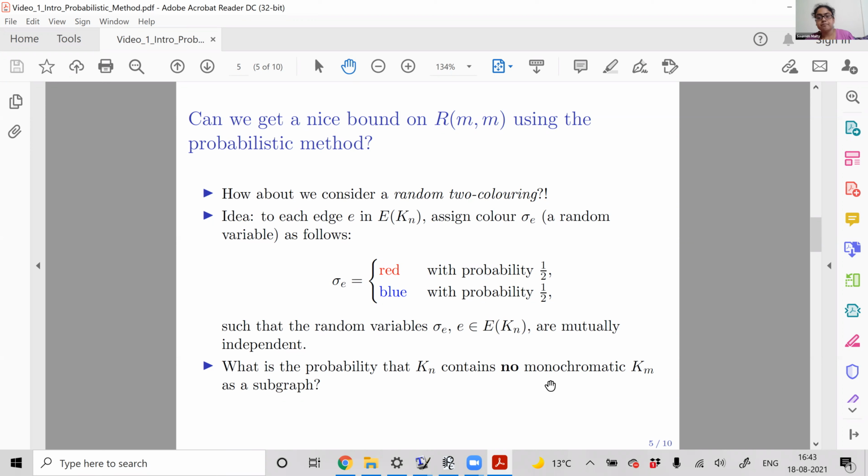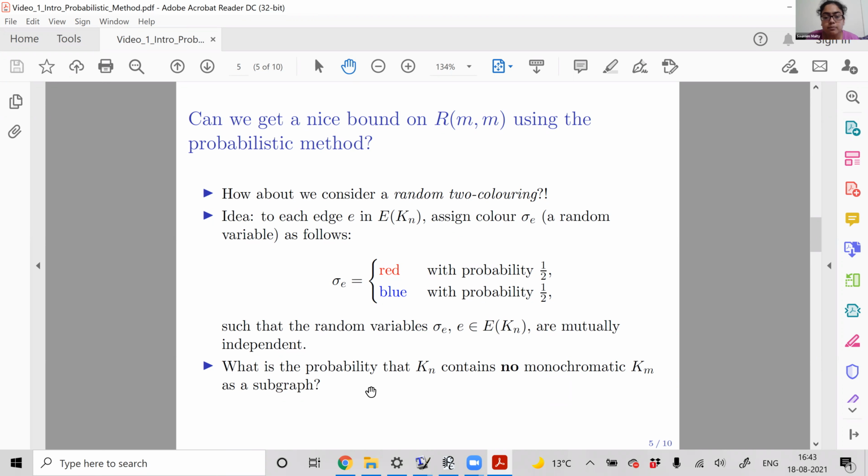If you want to find a lower bound for R(m, m), then you want to find a positive integer n such that there is a way of coloring K sub n such that there is neither a blue K sub m nor a red K sub m. So there is no monochromatic K sub m as a subgraph.